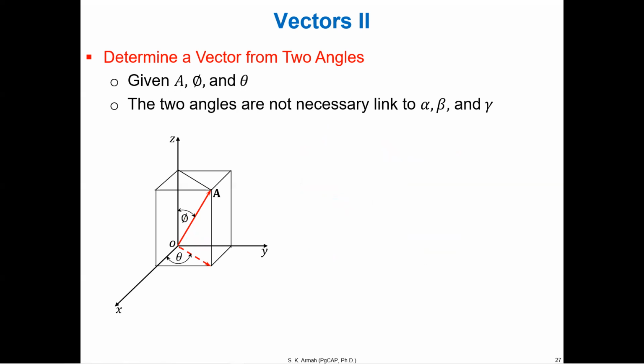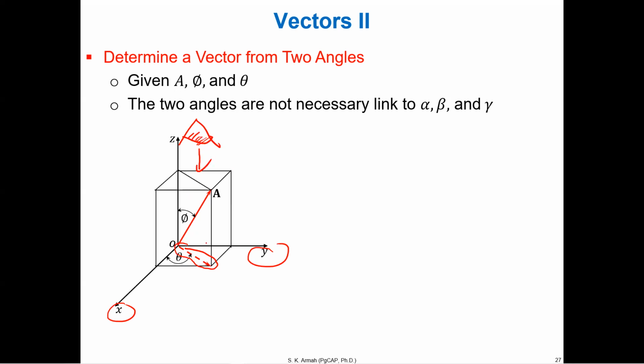Now, in the diagram, this line you see here is the projection of this onto, in this case, the x-y plane. Let's say this is my eye, and I'm looking down.